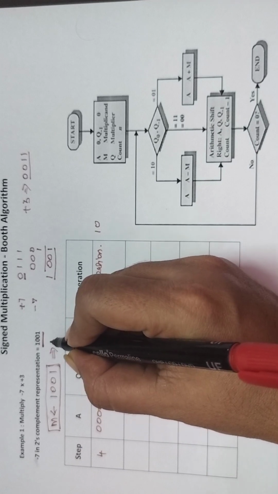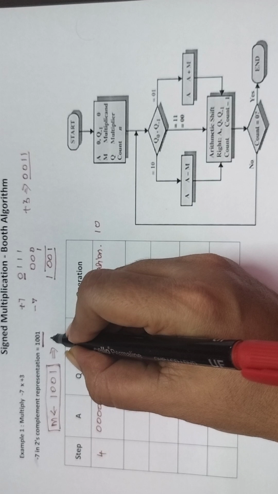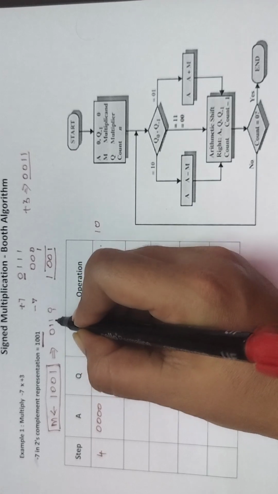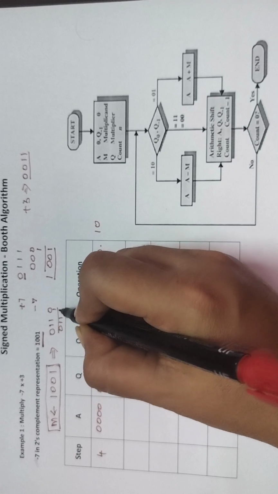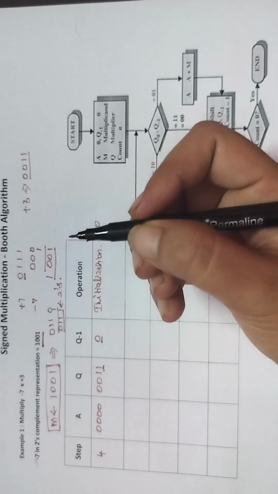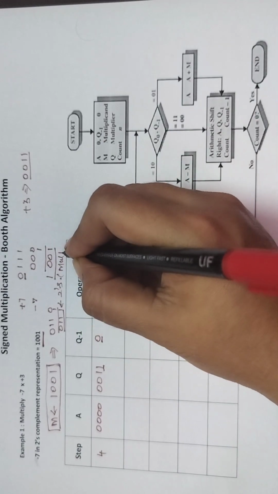The sign bit remains, and the 2's complement is 0 1 1 0, and again 1 is added, giving 0 1 1 1. This is the 2's complement of the multiplicand.